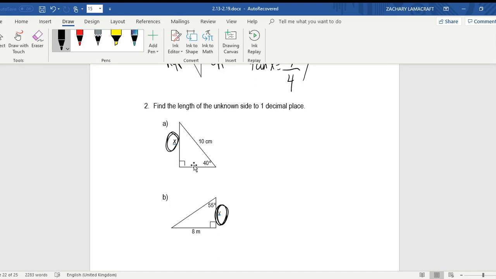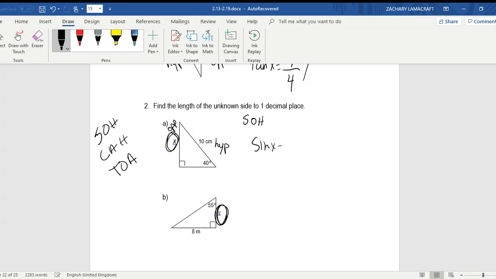Yes, so that's opposite and hypotenuse. It's sine, right? So we would use sine, SOH, we've got our opposite and we have our hypotenuse.